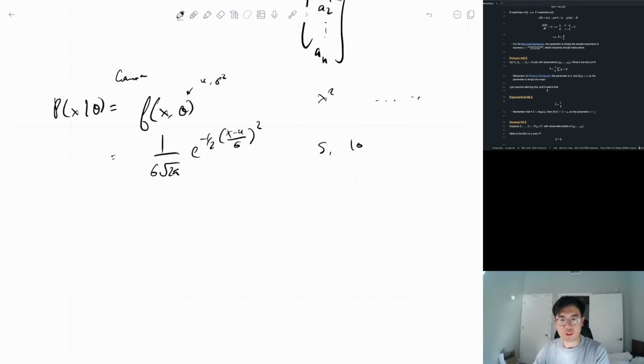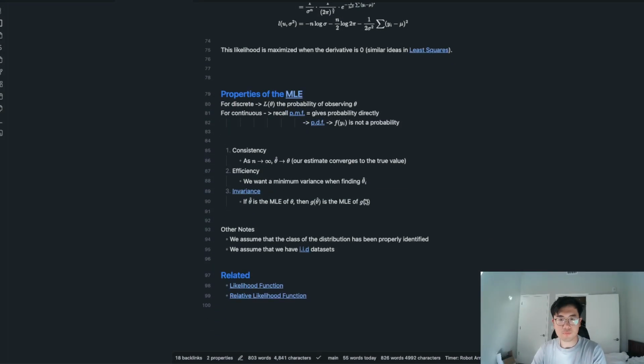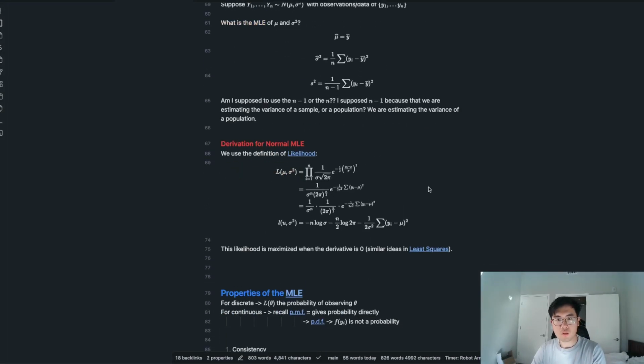So this derivation, I guess it's a more generic term, right? How do we pull out a log here? Because you usually have multiple data points.